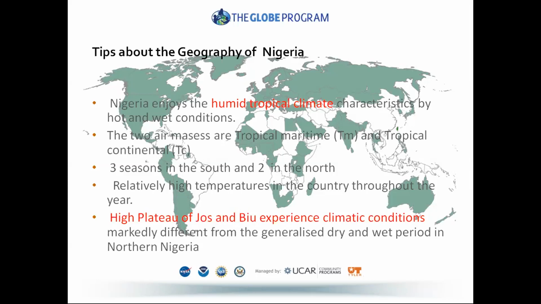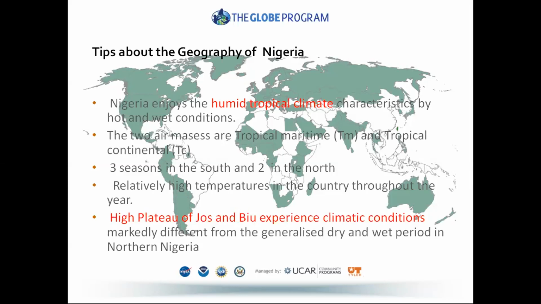The three seasons are the long rainy season, the short dry season, and the short rainy season. All these three seasons are experienced in the southwestern part of Nigeria. Then in the north, we have the long dry season and the short rainy season.